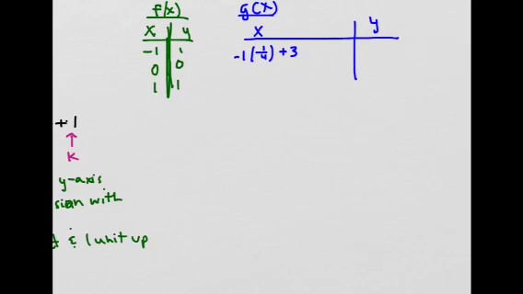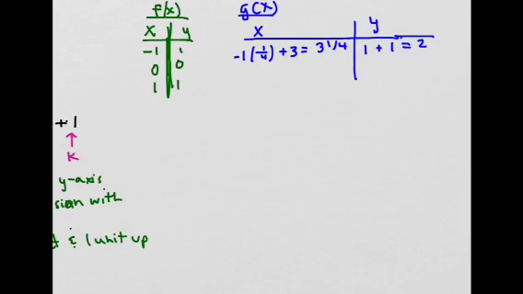Well, a is 1, so it's not going to show any change. So we're going to take the 1 and we're going to add k, which is 1. So for the first point, I get -1 times -1/4 is 1/4 plus 3, so that's 3 1/4. For the y, 1 plus 1 is 2.